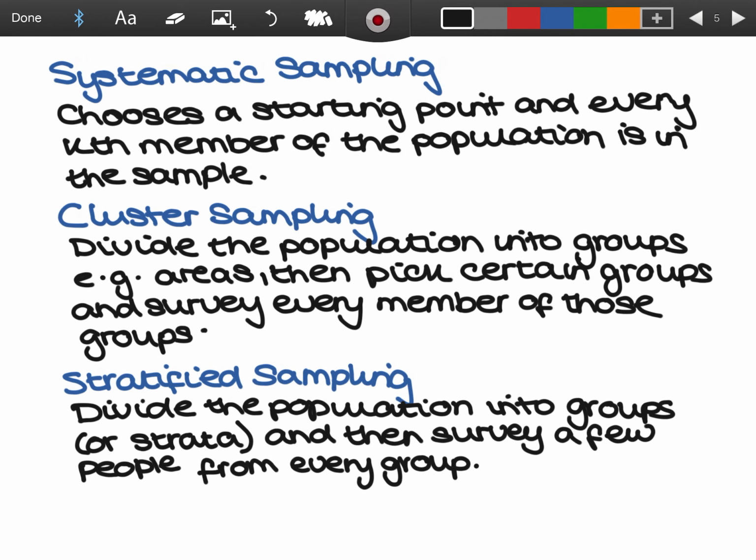Well, that's only 10 different places you have to go to. But when you do stratified sampling, you're only picking 2 or 3 from each group, but you have to go to every single group. So you may have to go to every single state in America and only survey, let's say, 3 McDonald's in each area. So it's way more expensive, definitely in terms of travel costs and stuff, in order to do stratified sampling, but it's way more representative.